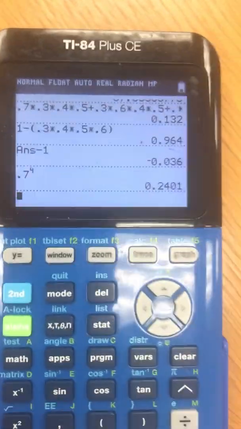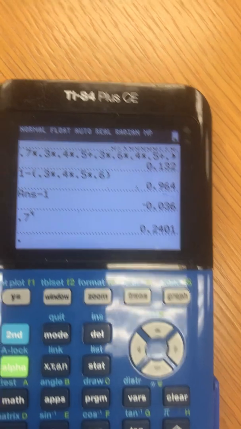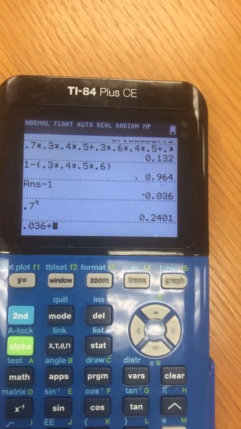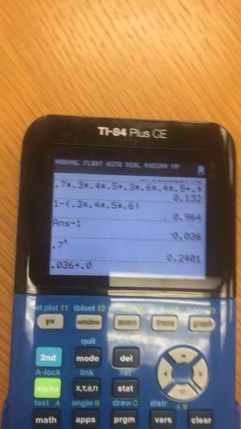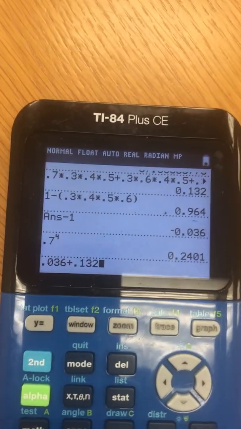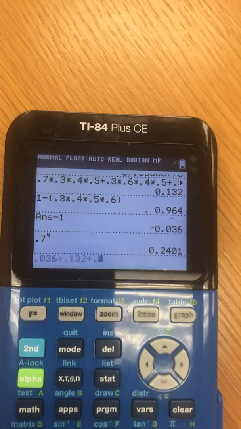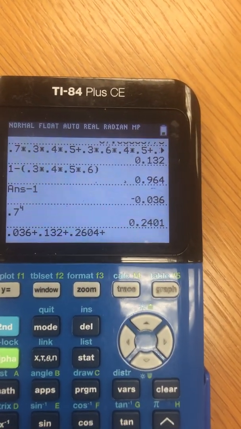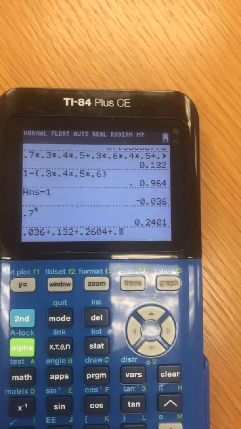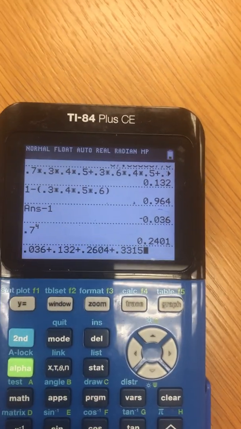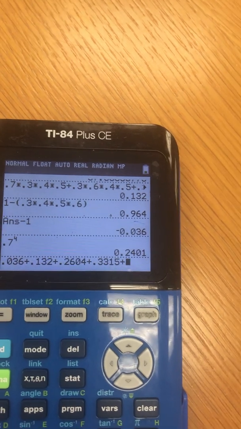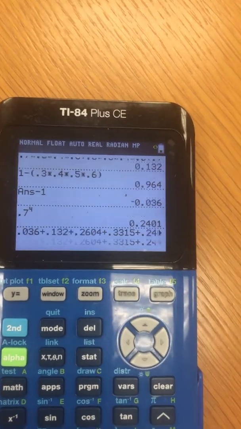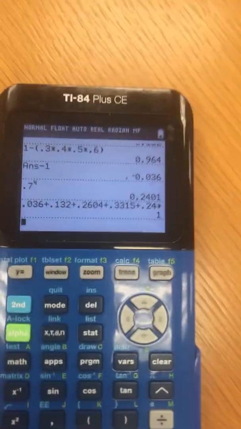So I've written in the first cell probability of 0 passes 0.036, plus 1 pass was 0.132, plus I gave you 0.2604 for probability of passing exactly 2, probability of passing exactly 3, and probability of passing 4, 0.2401. Let's just check this, and it equals 1. Do a little happy dance.